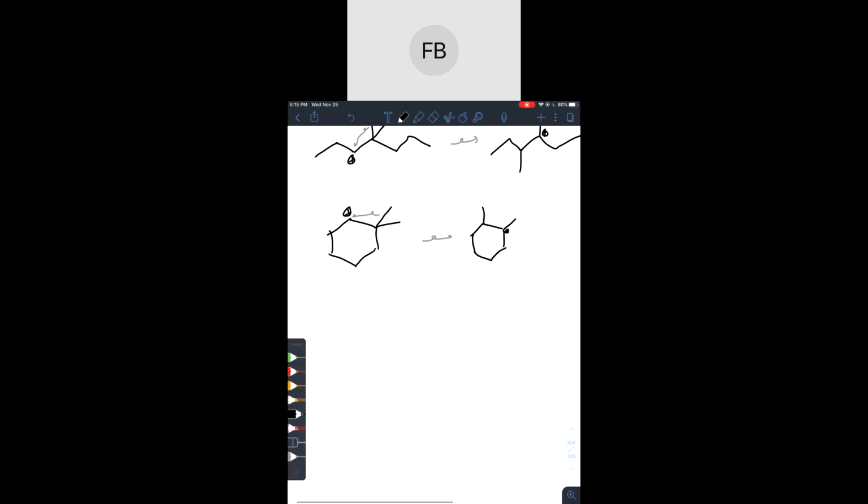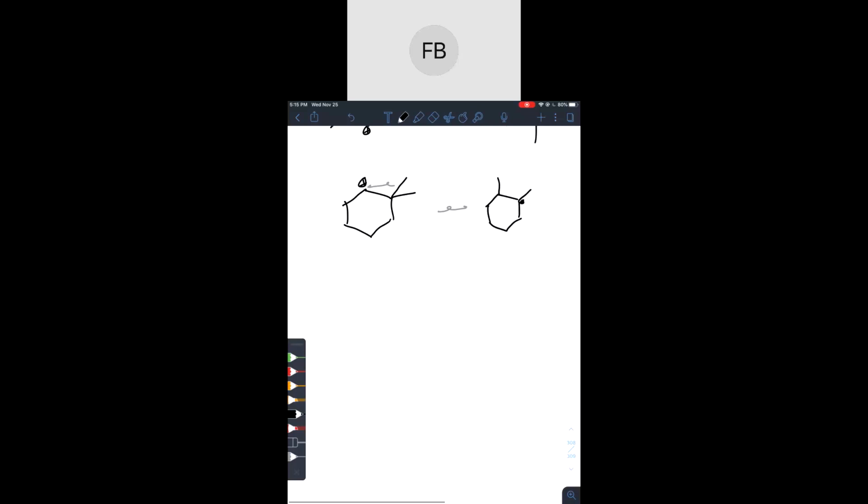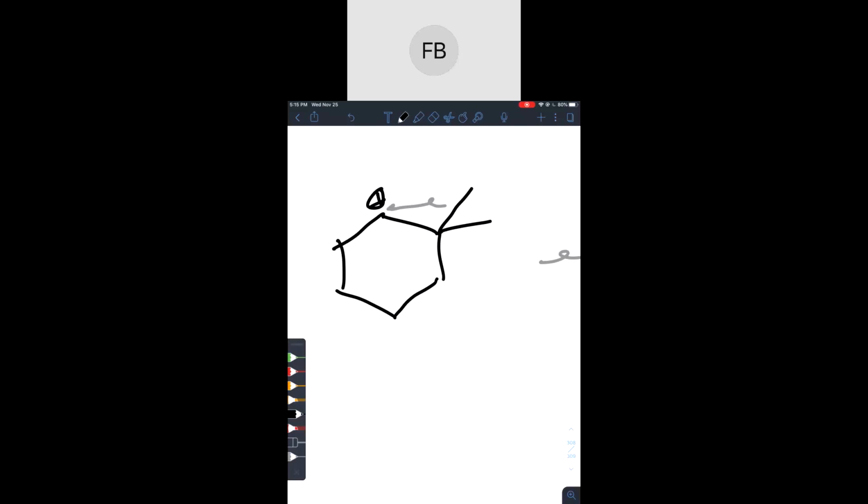Now, why can't you do a hydride shift in this case? It's because if you look very closely, there's no hydrides, there's no hydrogens to shift on this side, right? There's no hydrogens to shift there. So that's obviously out of the question. There are hydrogens here, there's two of them. But the problem is that shifting them over isn't going to improve anything, and I'll show you how.